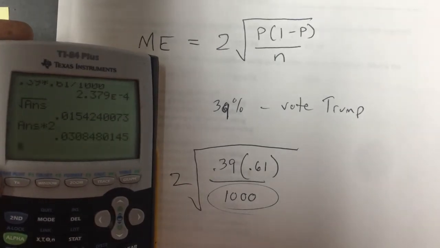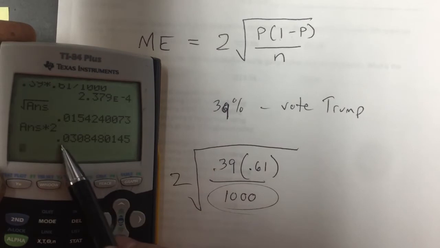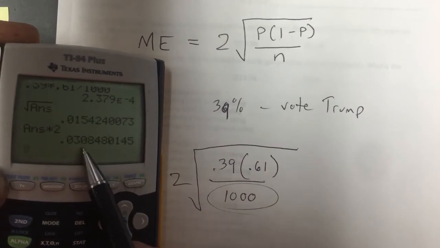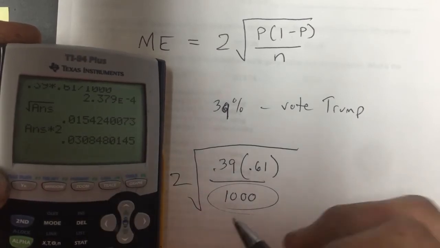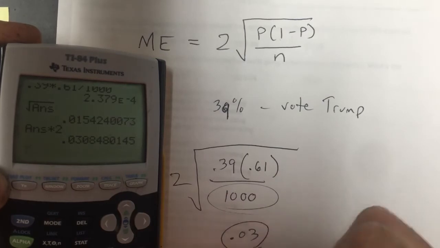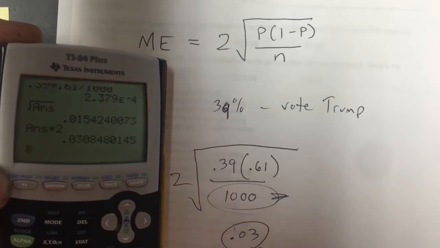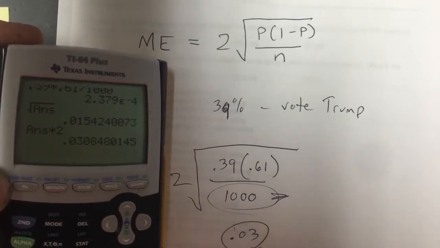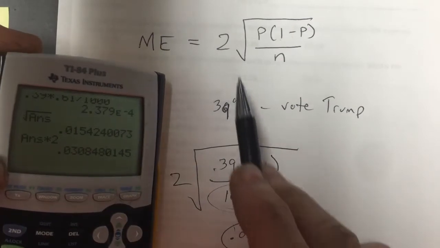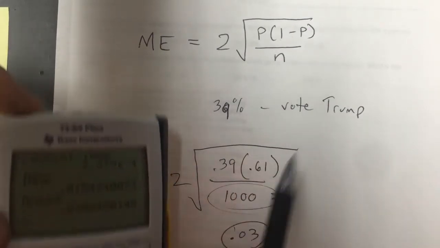That comes out to be 3.03. So that's the margin of error. So I think that's probably what they did. They probably polled 1,000 people. I put 1,000 in there, and that's what it came up to, 3%. And that's how you calculate it with this formula right here.